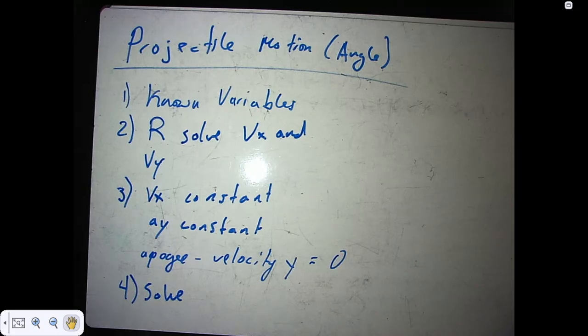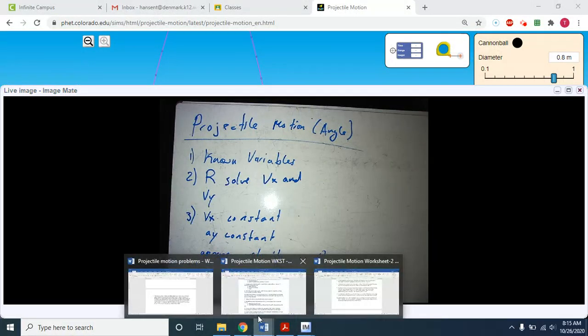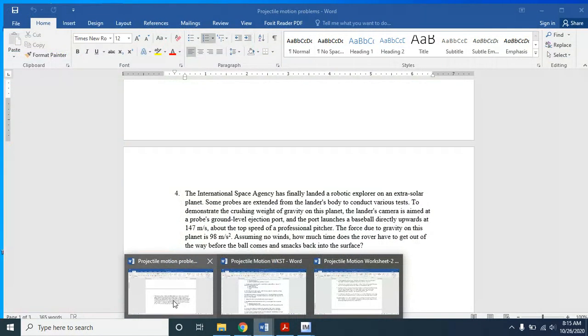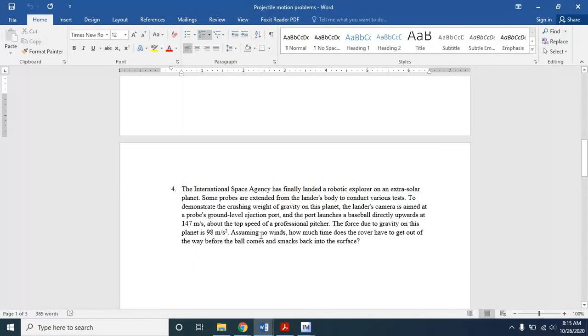So let's look at the last two problems on that first packet, the ones I recommended we were eventually going to go through. You guys already did 1 through 4, like that space agency one recently.